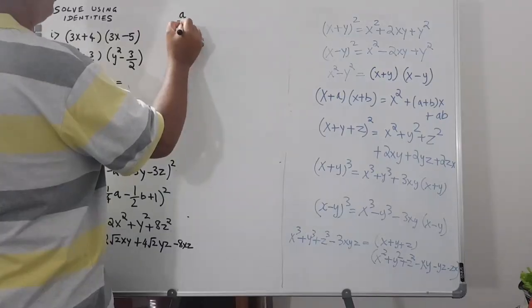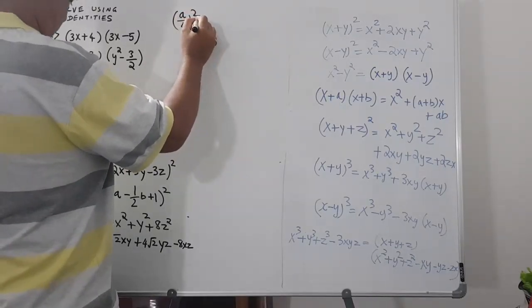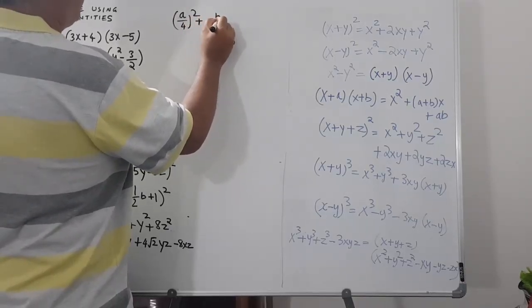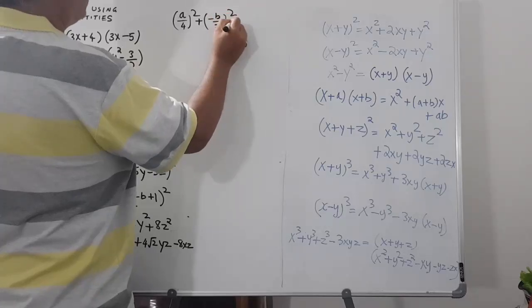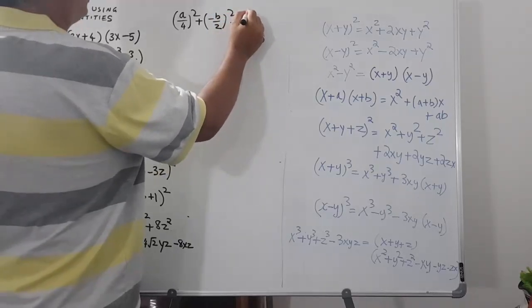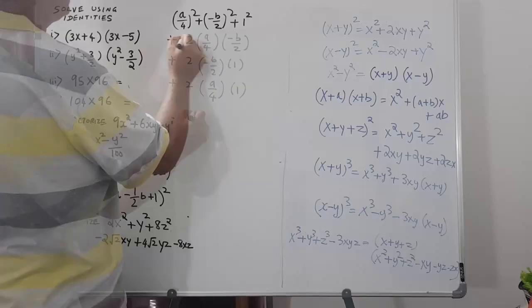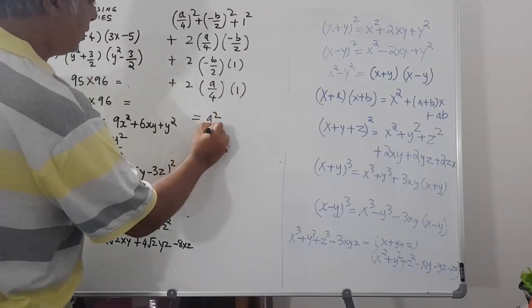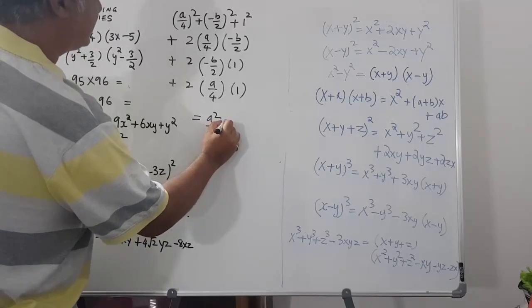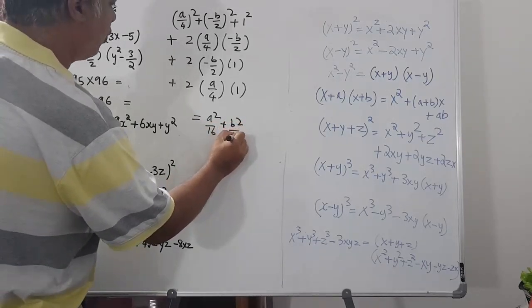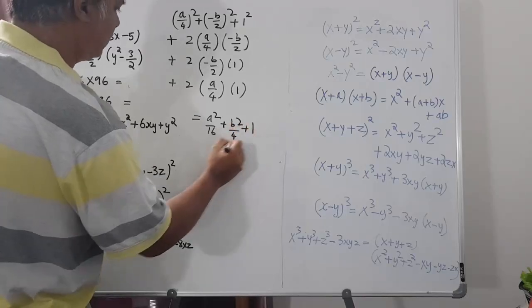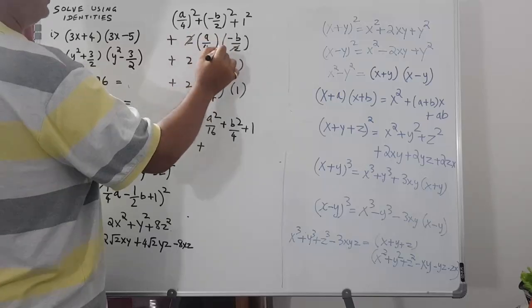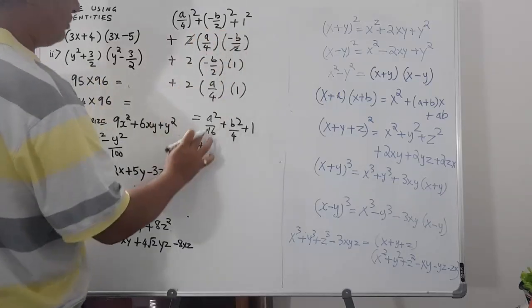You get a by 4 whole squared plus minus b by 2 whole squared plus 1 squared, plus simplifying further we get a squared by 16 plus b squared by 4 plus 1 plus, we have 2 here, this 2 and 2 get cancelled, we have ab and a minus sign, so minus ab by 4.